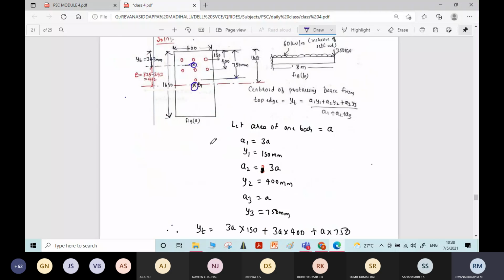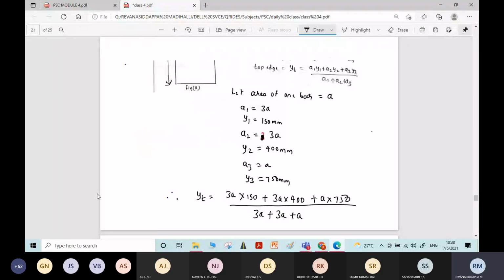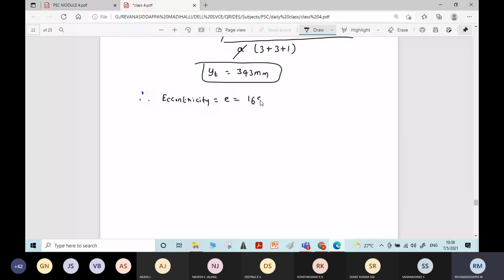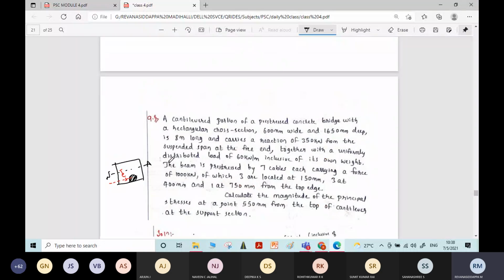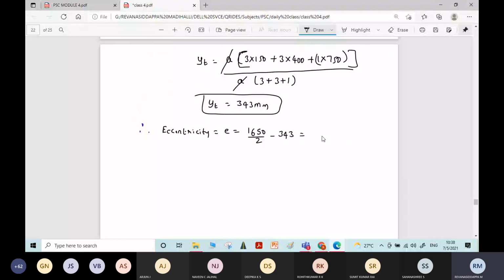Therefore, e is equal to half of this depth, from here to here it is 1650 divided by 2, minus 343. How much will you get? 482 mm.